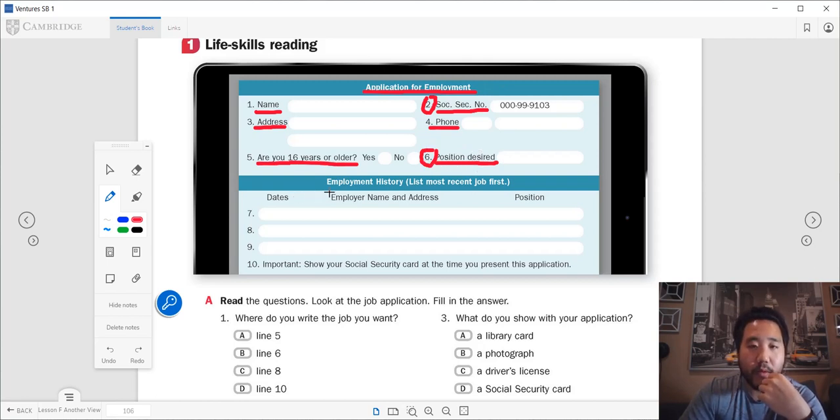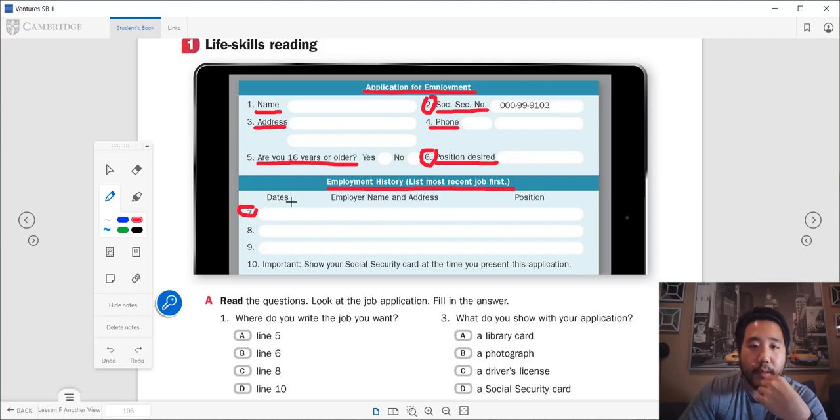And now we have employment history. This is a section where you write down the jobs that you've had in the past. You just write your past jobs in order, but the first one will be the most recent one.